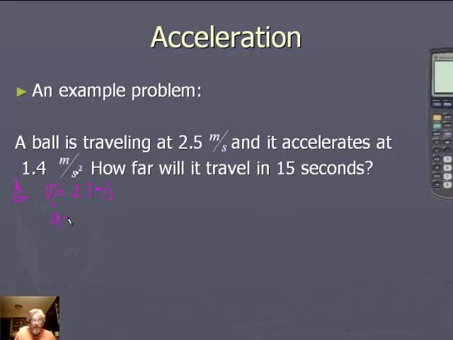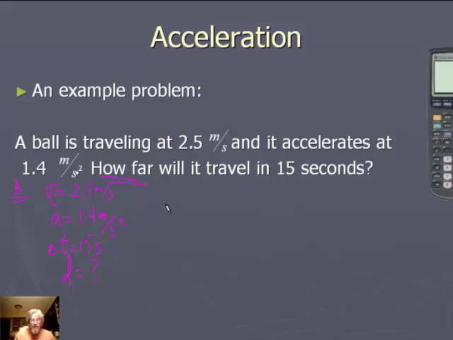So acceleration a is 1.4 meters per square second. Here's something else I know: 15 seconds it's going to travel. The question is, how far will it travel in 15 seconds? So delta t here is 15 seconds. And what do I want to find? The question is, how far? So that's a d. That's my unknown.